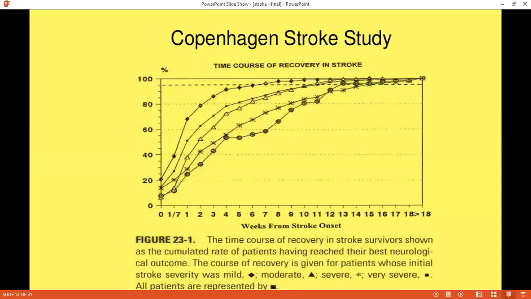This will identify especially how the stroke, when it happened, we divided into 4 categories: mild, moderate, severe, very severe. According to recent evidence, the Copenhagen stroke study shows the graph values mentioned here.